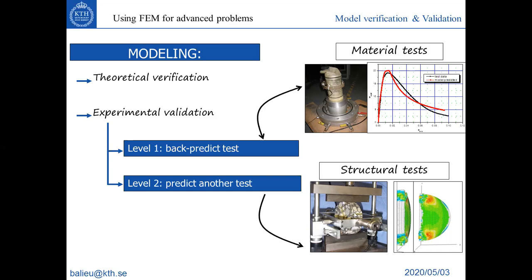So if you make this test with a different size of specimen, you will get a different behavior. So this is a structural test. That means the response depends on the geometry. It's not the case for a material test. A material test is able to identify intrinsic parameters of the material, like the Young modulus, like the yield stress, etc.